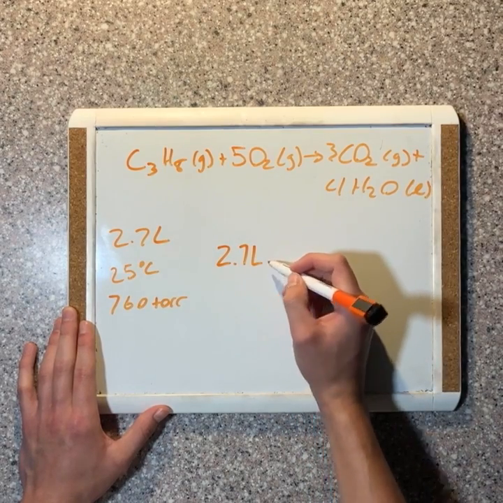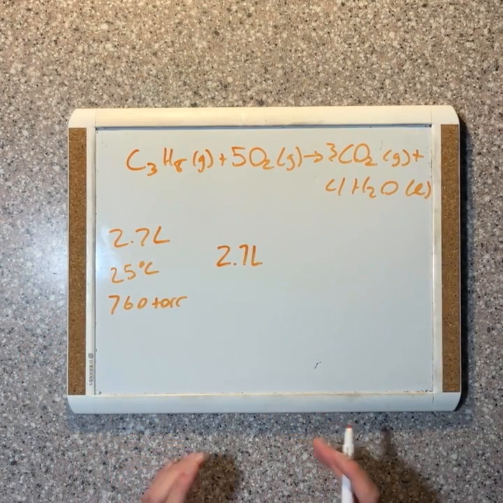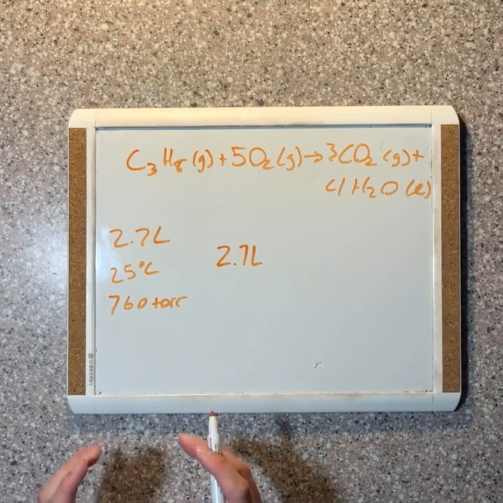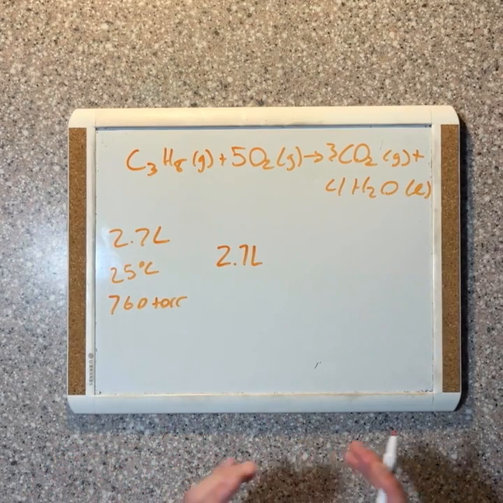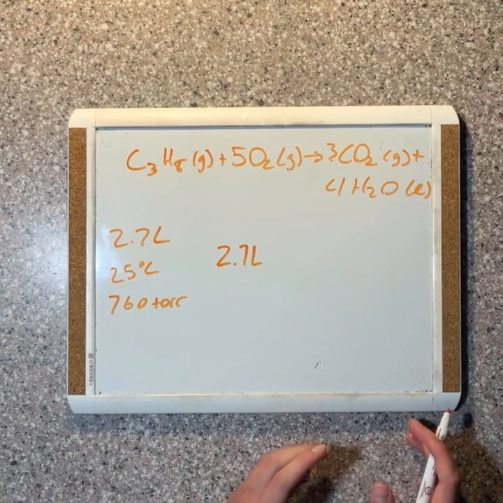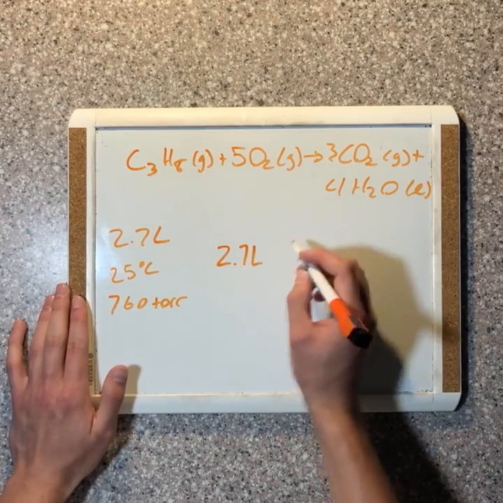So what we can actually do is use Avogadro's law to convert the liters of one gas into liters of another gas. Let me show you what I'm talking about.